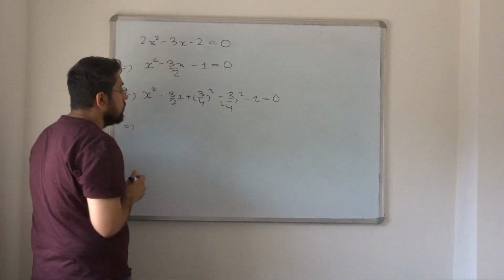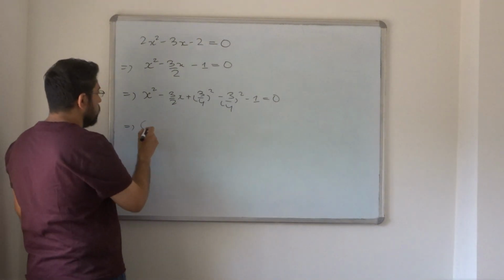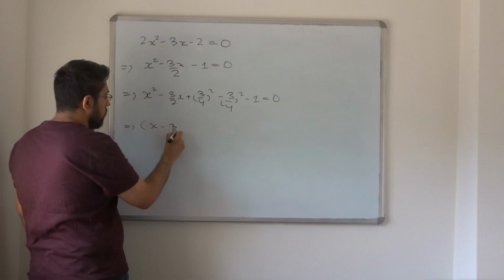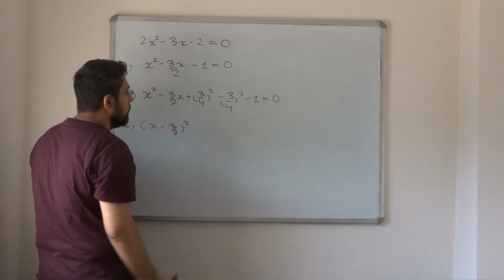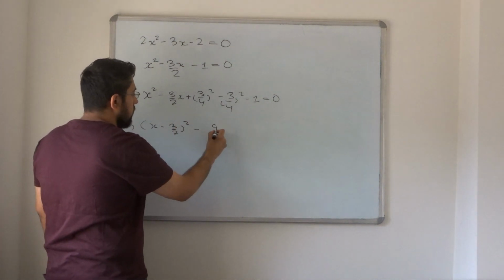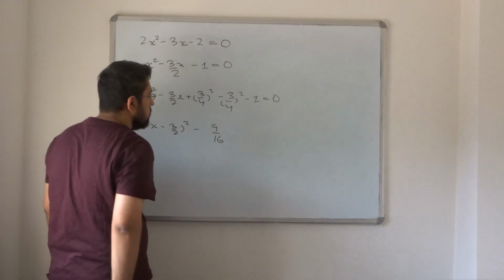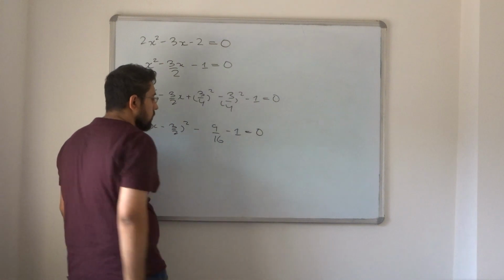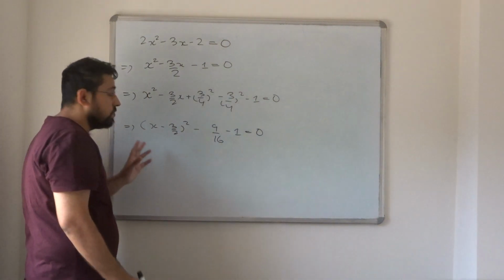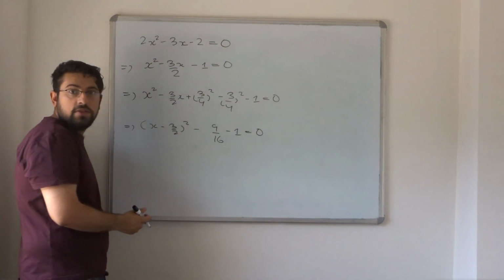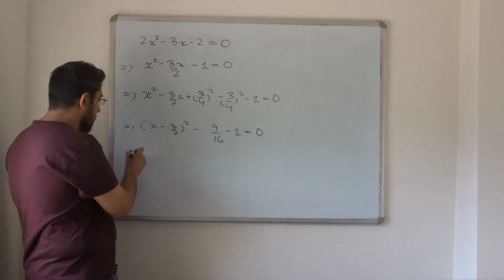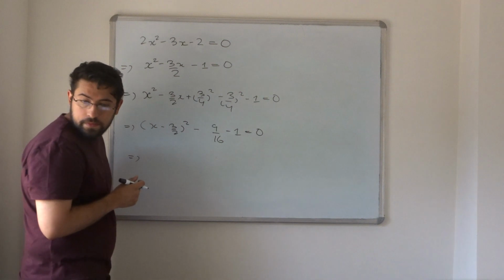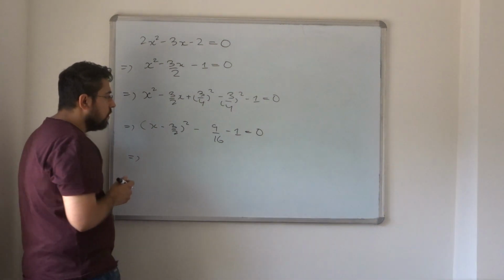Okay, so now guys, what is the next step? So now guys, because there's a negative here, you're obviously going to get 3 by 2 squared. Now you're going to get 9 upon 16, minus 1 equals 0. Okay, so I'm sure you understood how you got 9 upon 16. Okay, so now what do you do guys?